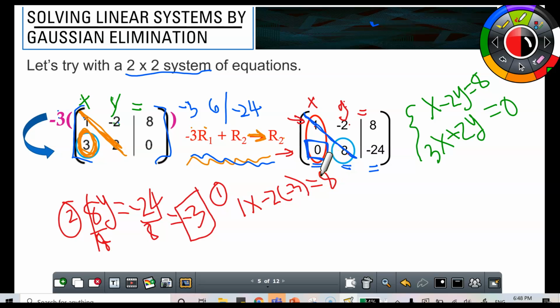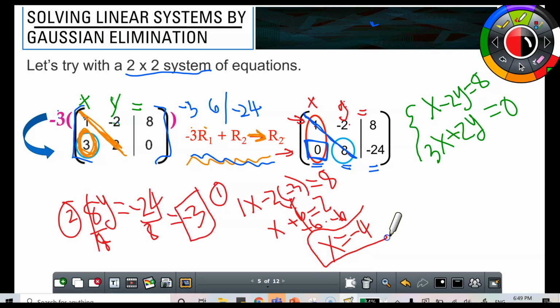And keep solving it. First, get rid of the parentheses by multiplying. It's +6. So x plus 6 equals 8. Get rid of the 6 by subtraction. So I have x equals -4. And that's it. Okay? So x equals -4, y equals -3.